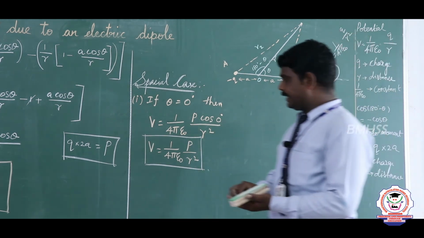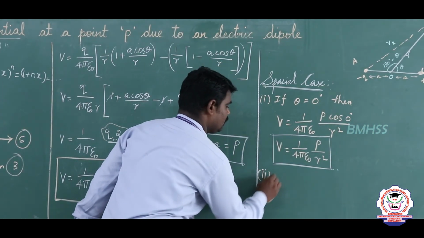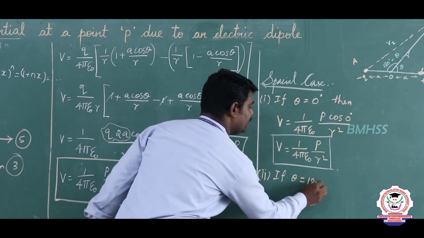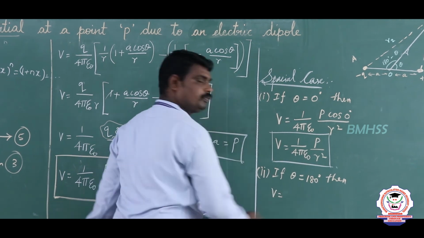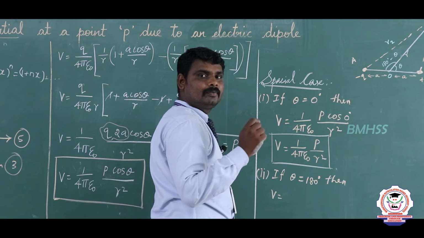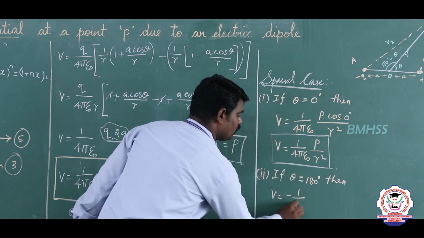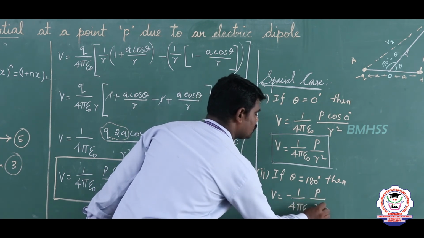So second case, the same axial line, if theta is equal to 180 degree, then V is equal to cos 180 degree. Cos 180 degree value, very good, minus 1. So V is minus 1 by 4 pi epsilon naught P by r square.